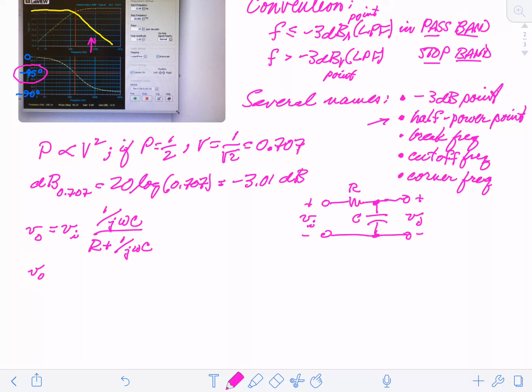So it's output over input. Then if I multiply by J omega C, numerator and denominator, I get 1 over 1 plus J omega RC.